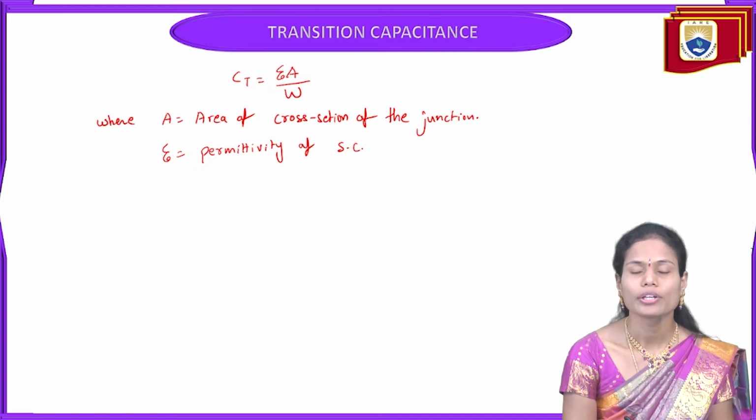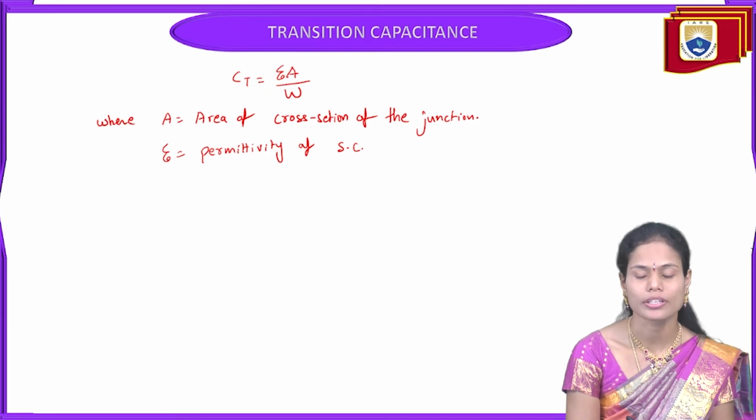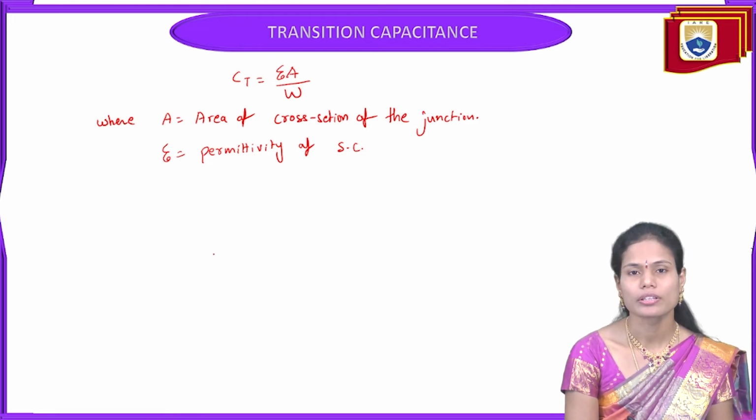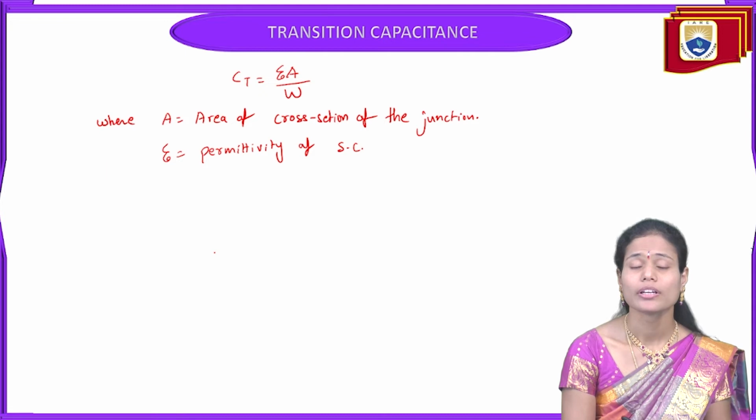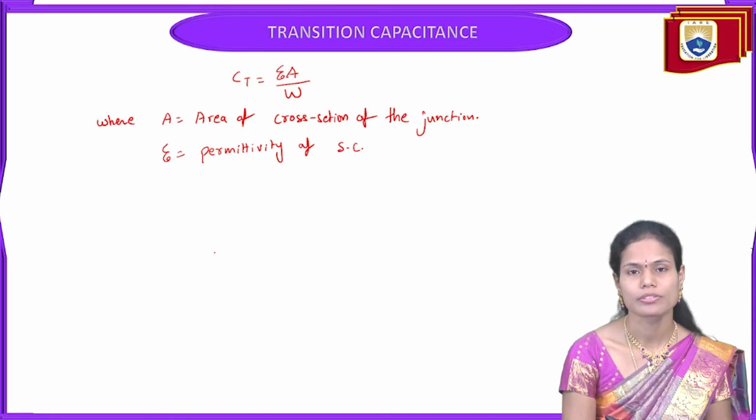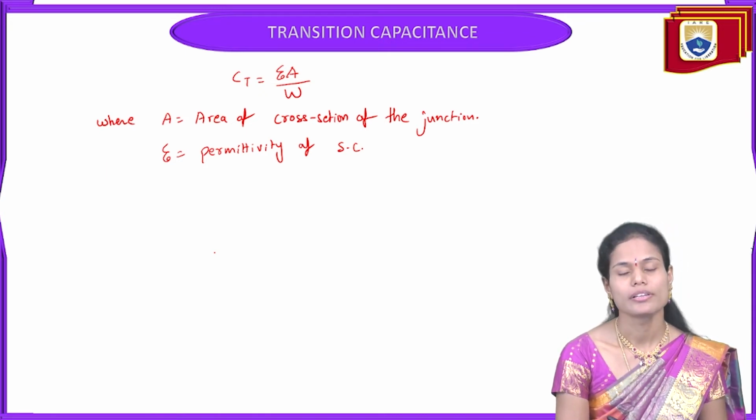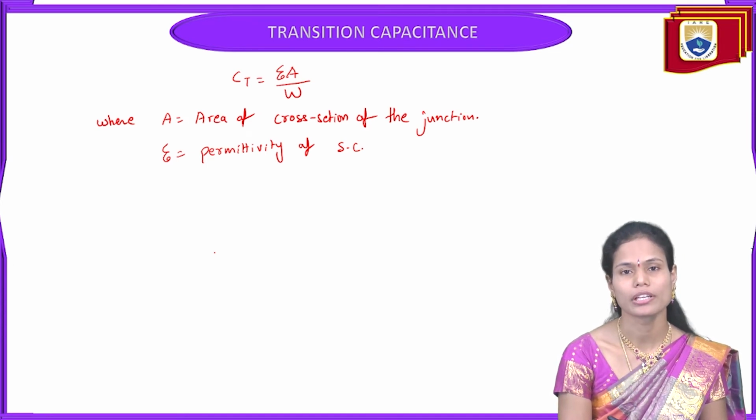If you want to derive the expression for transition capacitance CT, we need to consider a PN junction diode with different doping levels, where one region has a very high doping level and one region has very low doping.